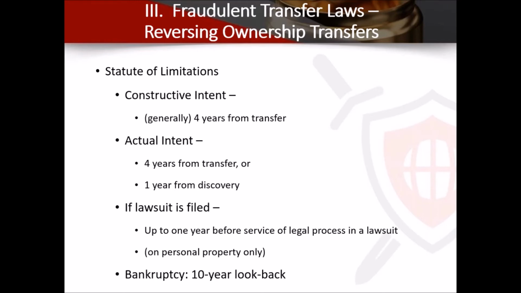In most states, you have a 4-year rule and then 1 year from discovery, which means that after 4 years after the transfer, you can't make a claim unless you didn't know. You can claim, look, I didn't know about this transfer, so I have a year. I have a year to make a fraudulent transfer claim.